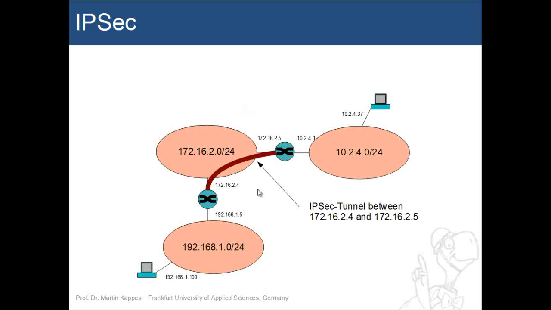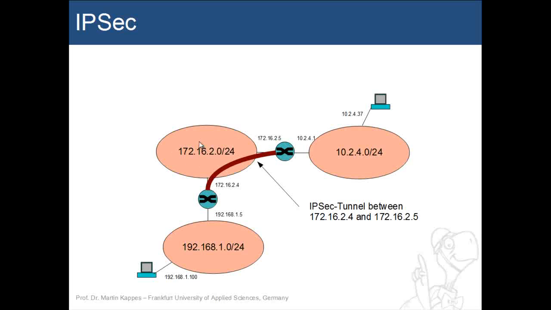If we have two routers, one here which connects the 192.168.10/24 network to the public 172.16.20/24 network, and another router that connects the public network here to the private 10.2.40/24 network.